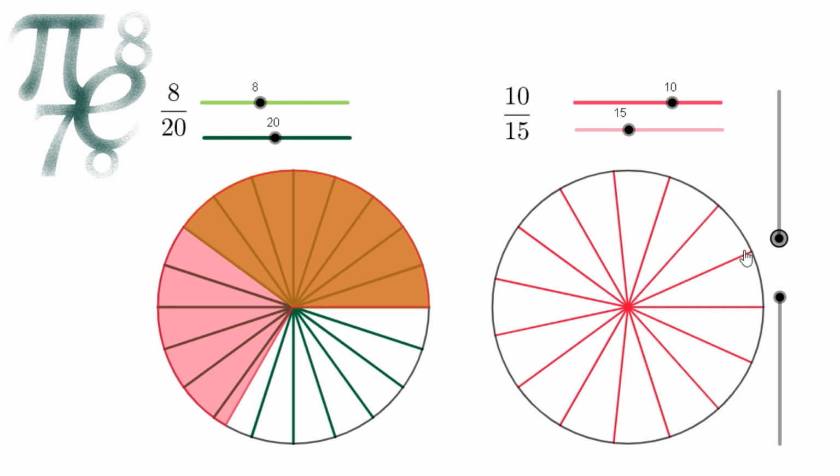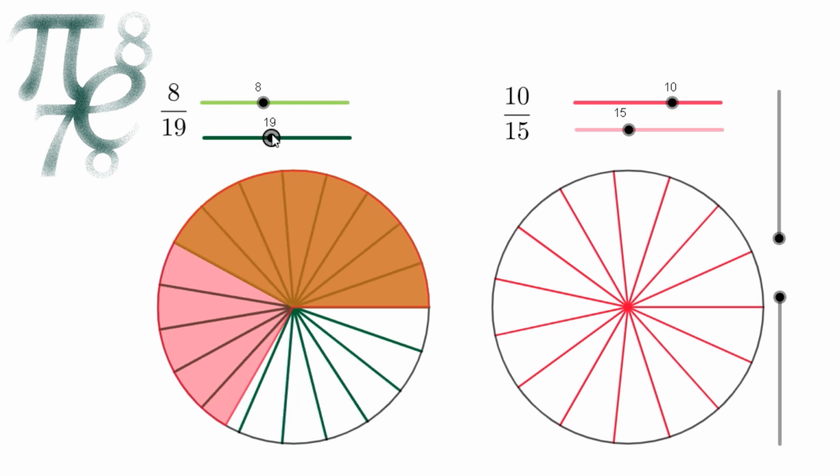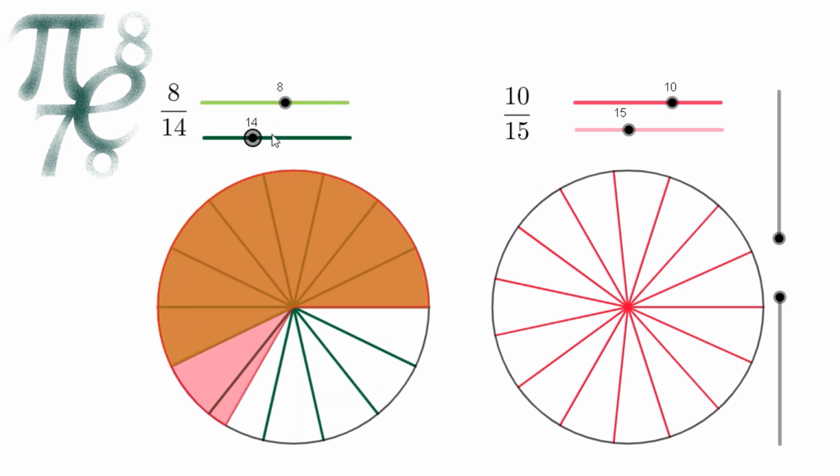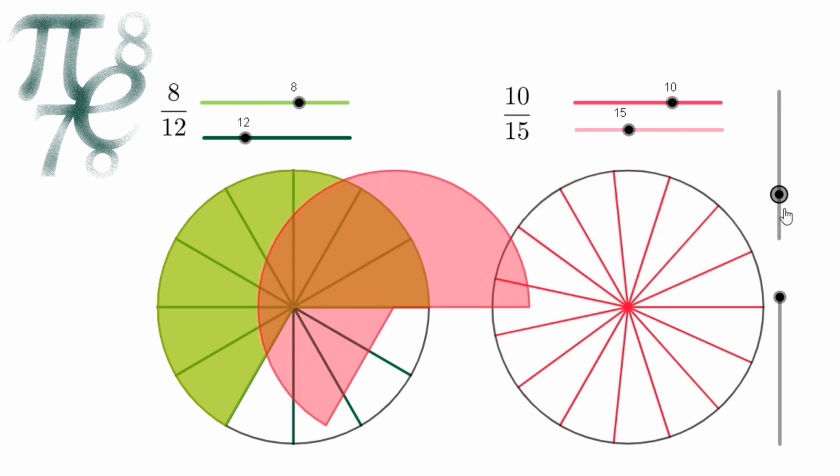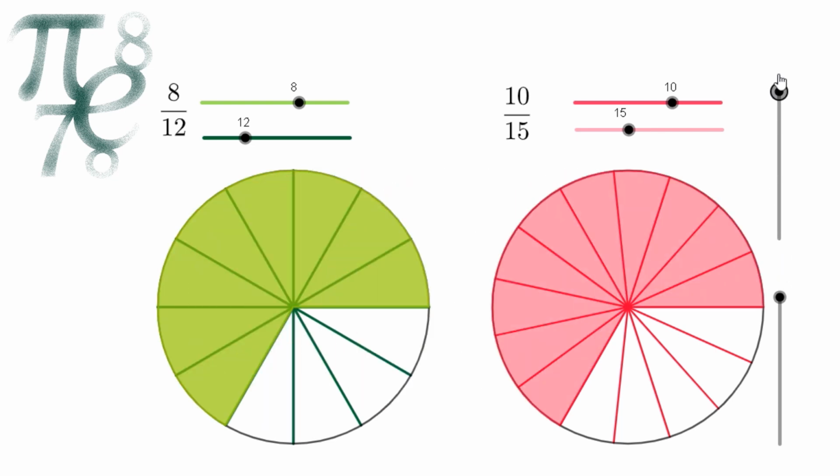Some number can be changed. Now we can say that the two ratios are proportional. 10 over 15 equals 8 over 12.